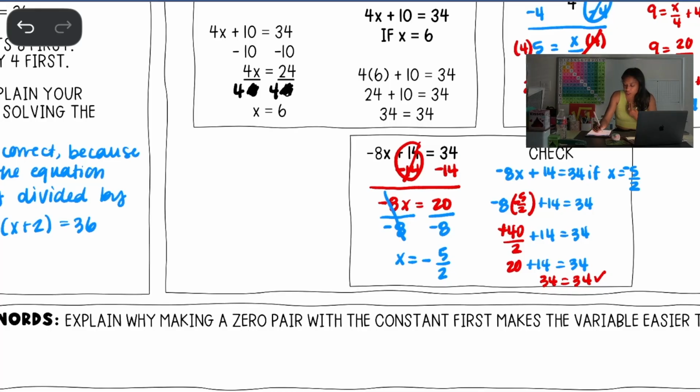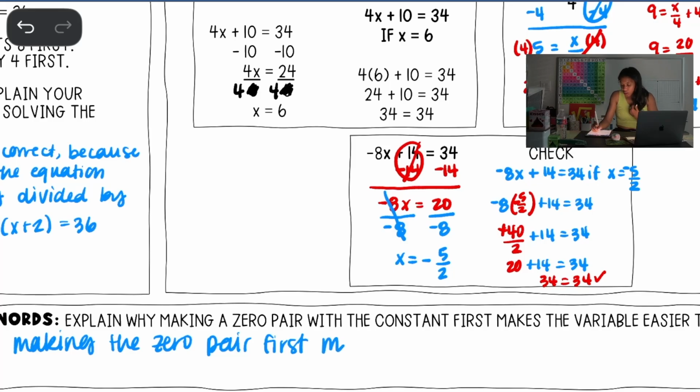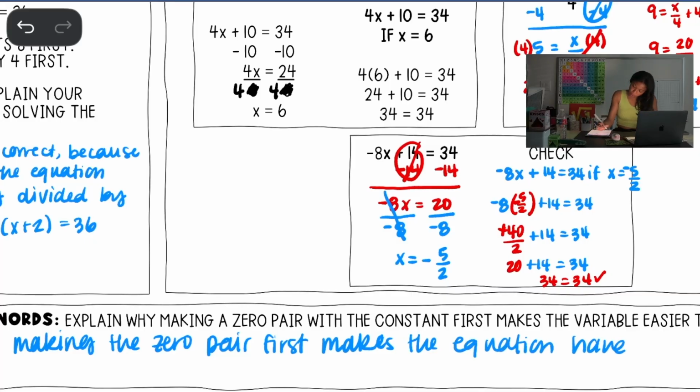So making the zero pair first, at least in my opinion, makes the equation have only one step left to isolate the variable.